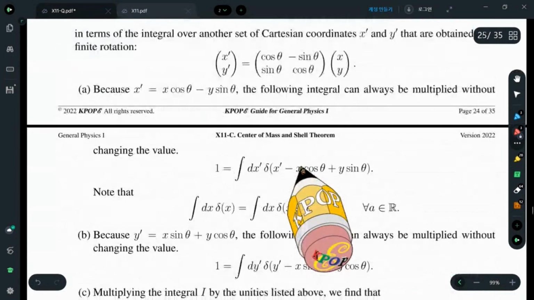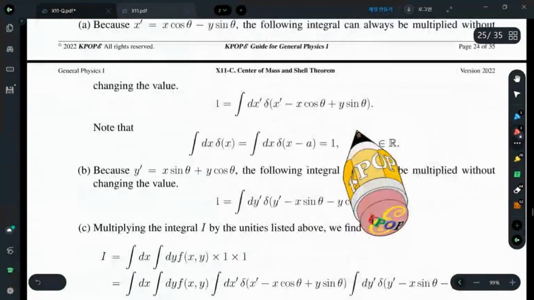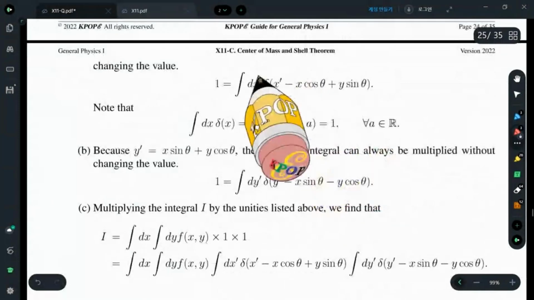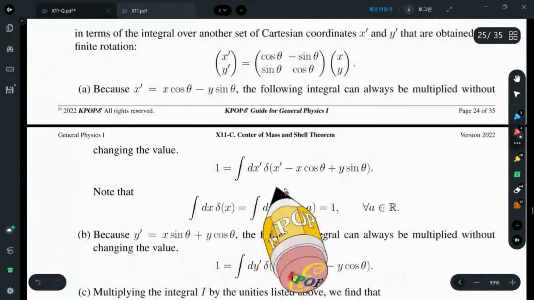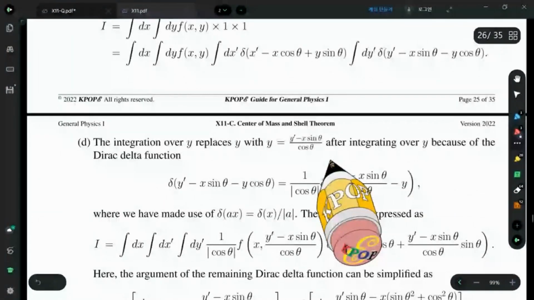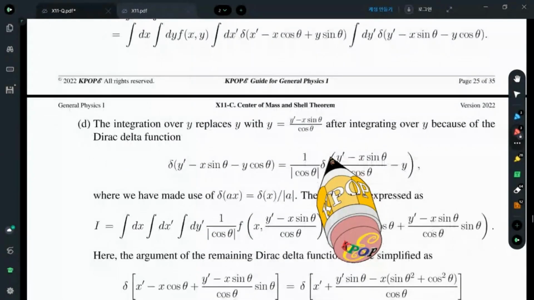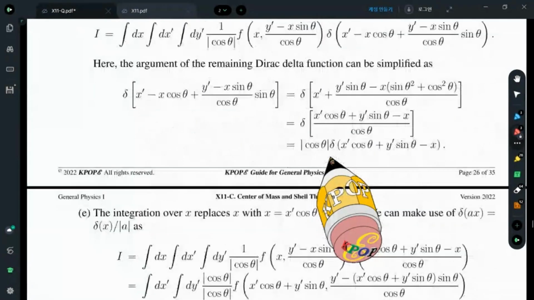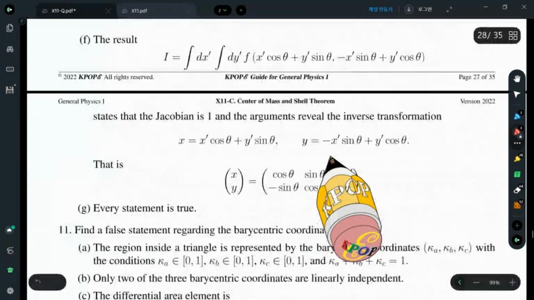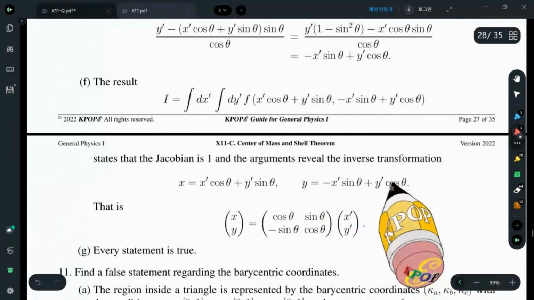Anyway, this problem does not appear in the exam. If you are interested, you can find that this delta function is very nice for finding the change of variable. Today, in the first part of this class, we derived the Jacobian by changing the multidimensional integral into different coordinates. And here we have a rotational version of the change of variable.